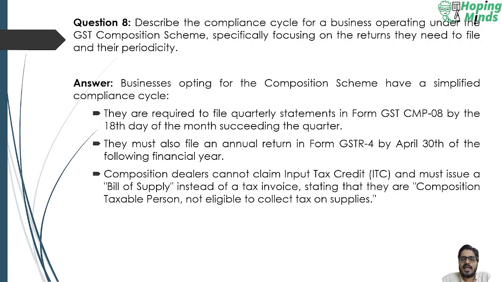Then composition dealers cannot claim input tax credit and must issue a bill of supply instead of a tax invoice stating that they are composition taxable person and not eligible to collect taxes on supplies. So a bill of supply is required to be raised by the composition dealer instead of tax invoices.